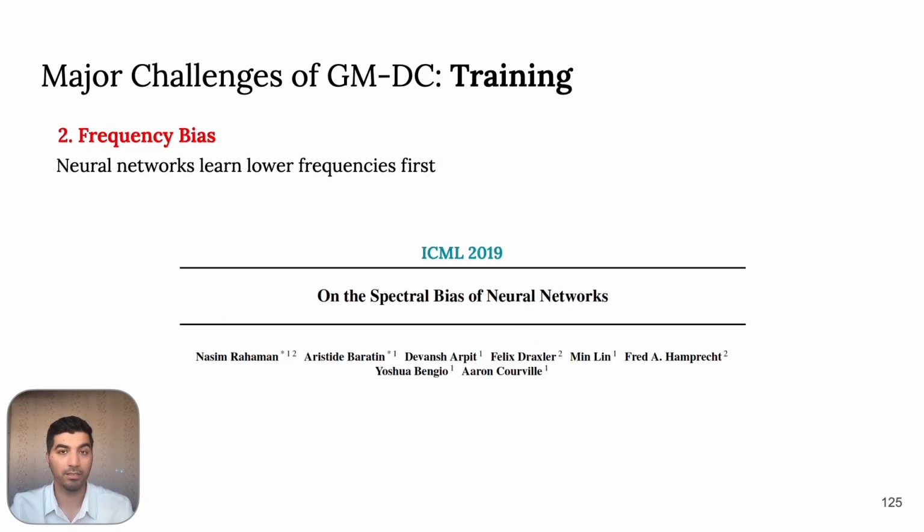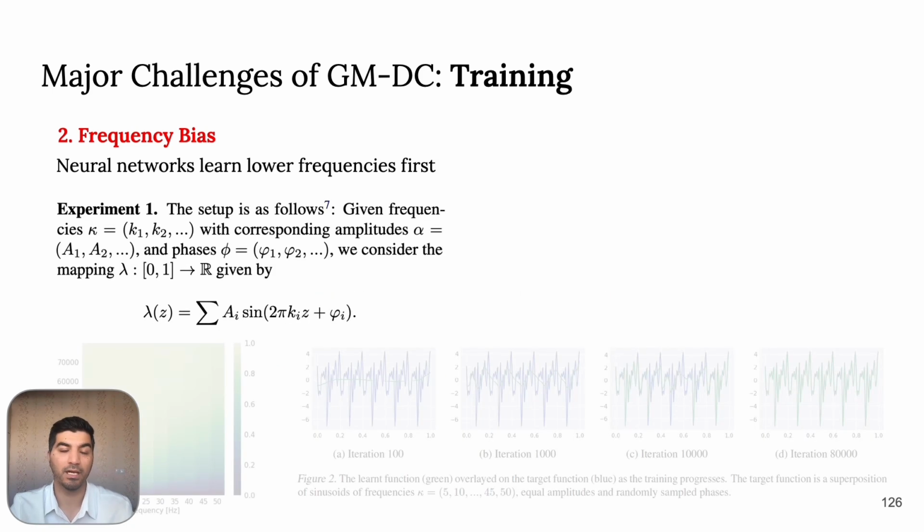Second training challenge is frequency bias. This ICML 2019 paper from Yoshua Bengio's group shows that neural networks learn lower frequencies first. To explore that, they have designed a regression experiment. They have this regression task and they want to train a model to fit these sinusoids, and each sinusoid is related to a particular frequency.